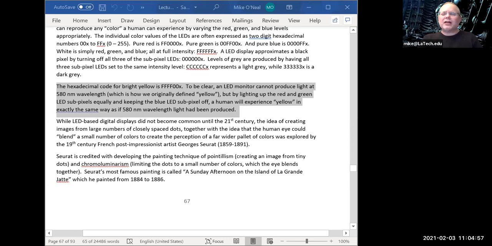So take yellow light. Well, you don't have a sensor for yellow light. You have sensors for red, for green, and for blue. And so what is yellow? Well, if you look at its hex code, the hex code for yellow is FFFF00. And we introduced these hex codes at the end of class last time. Basically, the first two digits are the intensity in red, the second two digits are the intensity in green, and the last two are in blue.